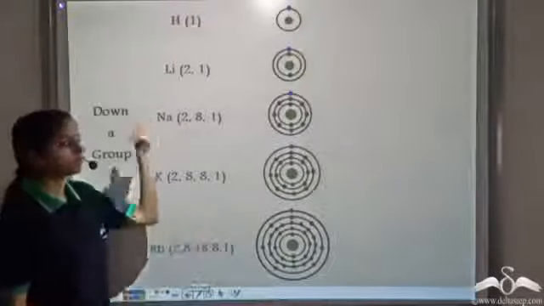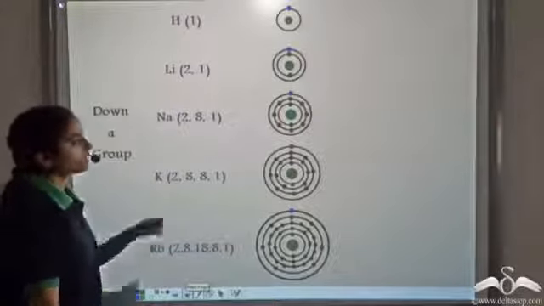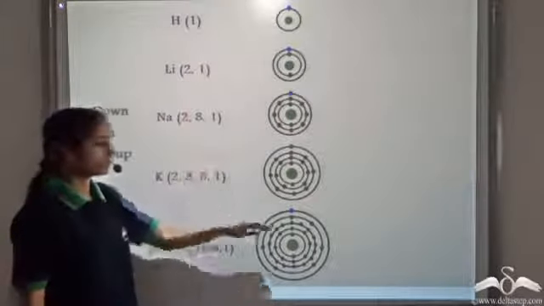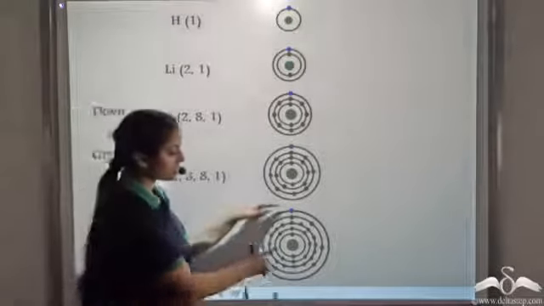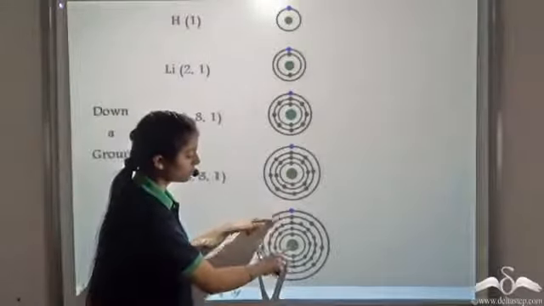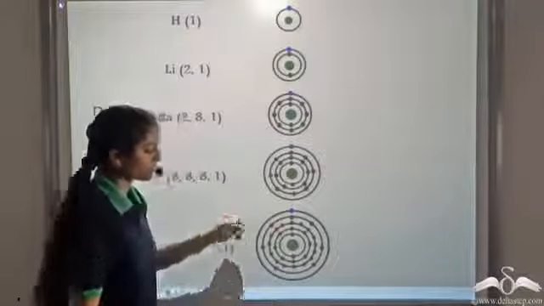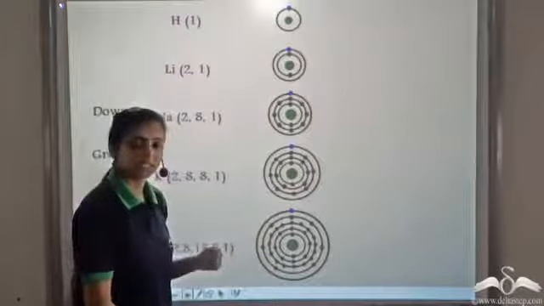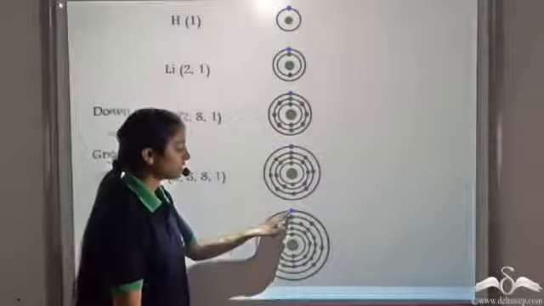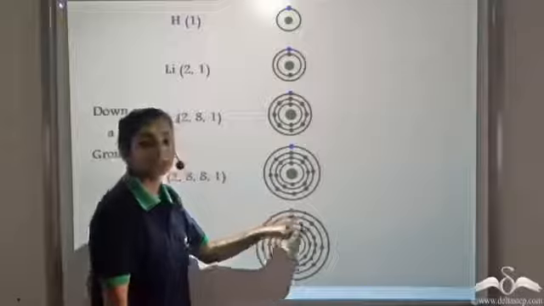What happens when we move from top to bottom in a group? We know when we are moving from top to bottom in a group, the atomic size is increasing. This leads to a greater distance between the outermost shell and the nucleus. Since the distance between the outermost shell and the nucleus is increasing, this electron needs lesser energy to be removed.